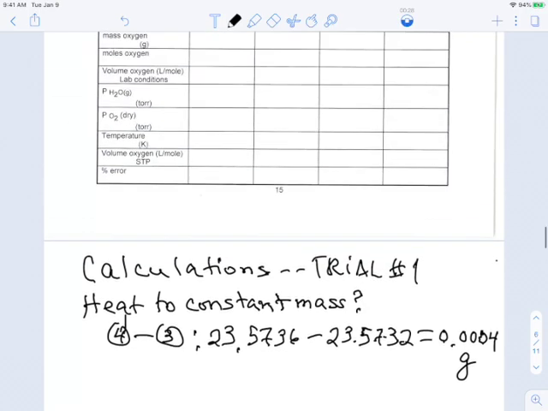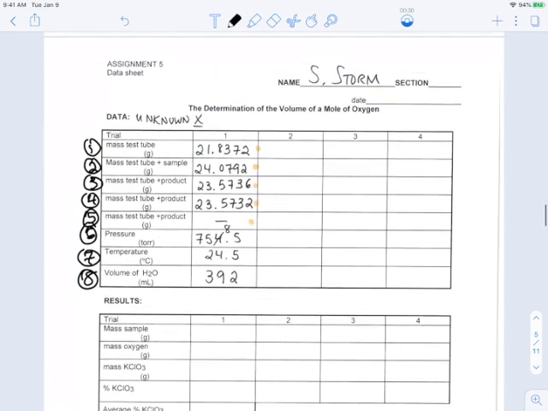And so therefore we were safe in not having to do, like we said here, a third run of the heating cycle.